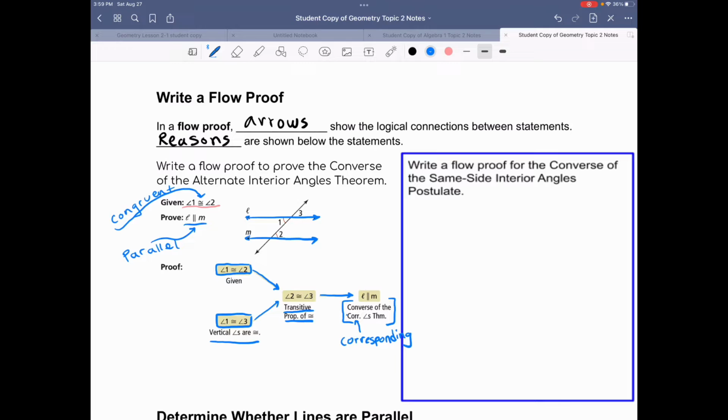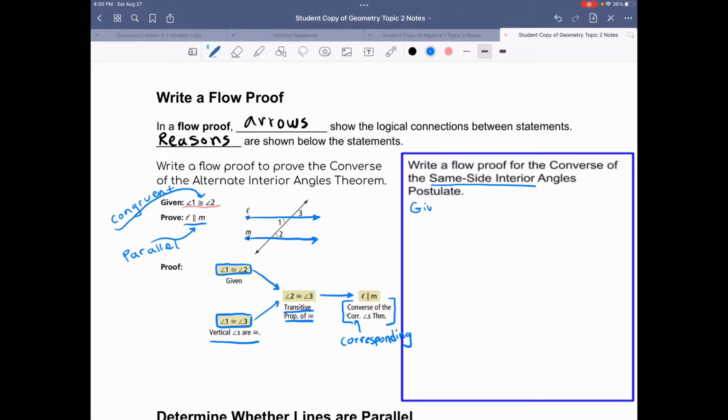All right, let's try one on our own. Write a flow proof for the converse of the same side interior angles theorem. Okay, so to do this, the same side interior means that angles have to add up to 180, right?